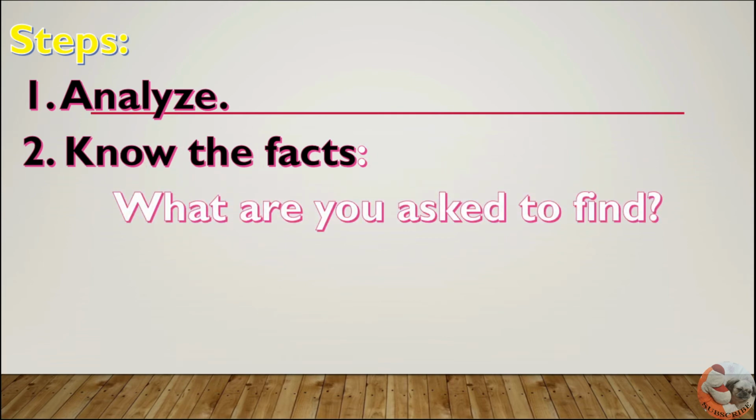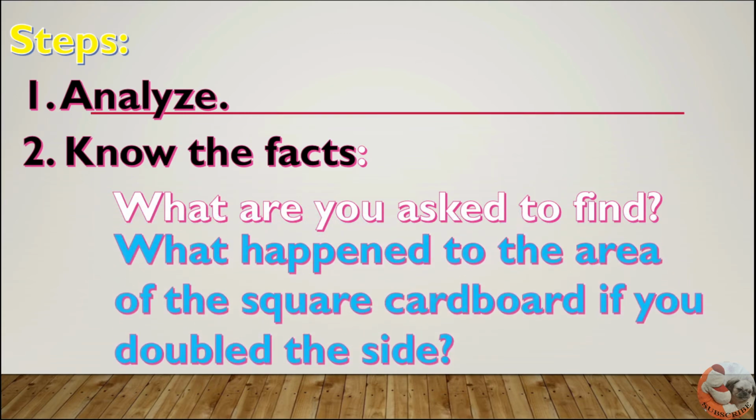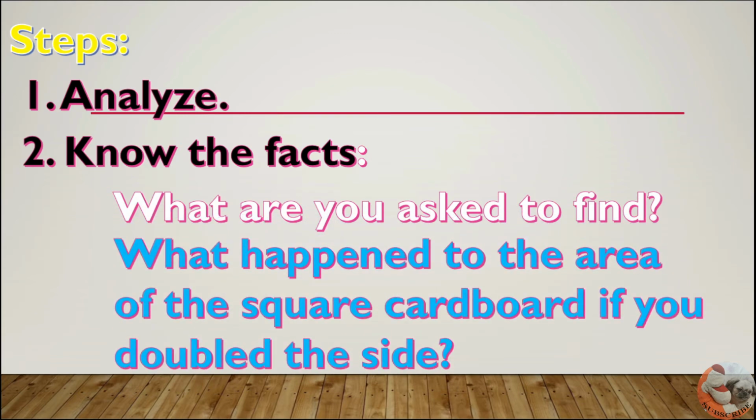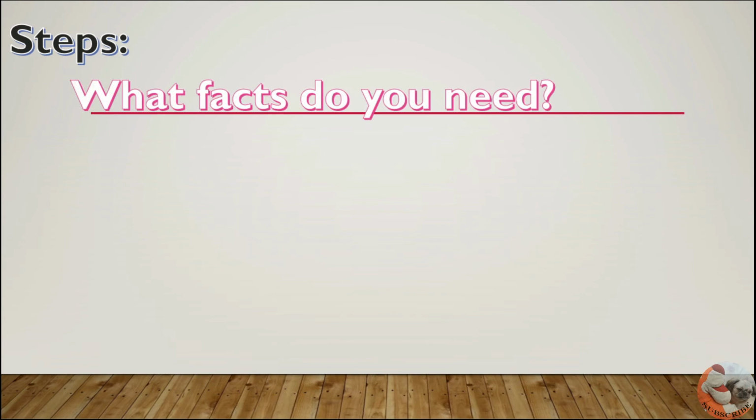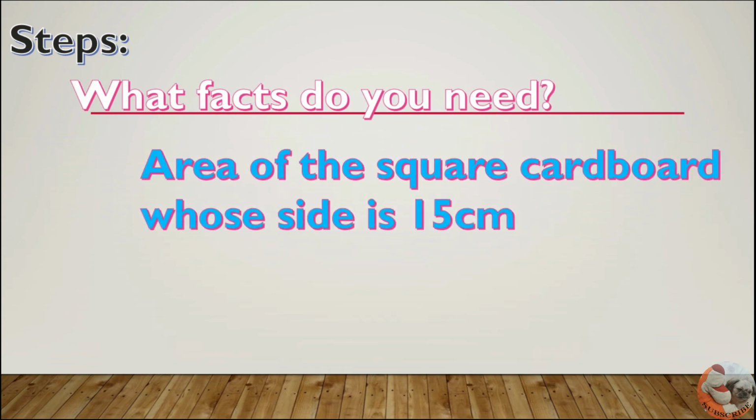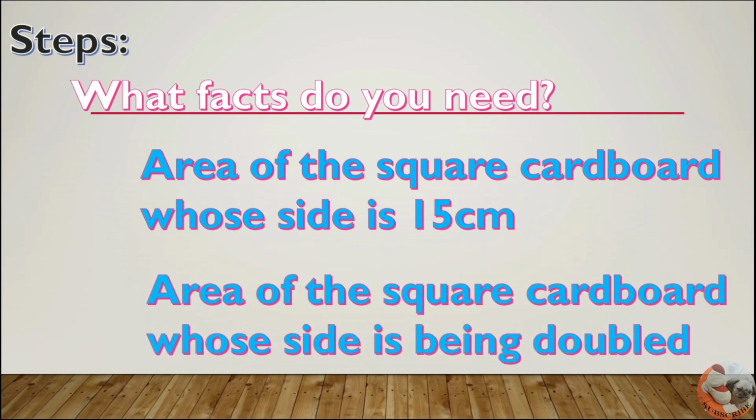What are you asked to find? What happened to the area of the square cardboard if you double the side? What facts do you need? Area of the square cardboard whose side is 15 centimeters. Area of the square cardboard whose side is being doubled.